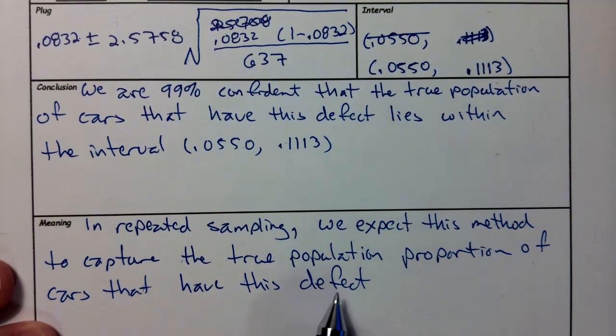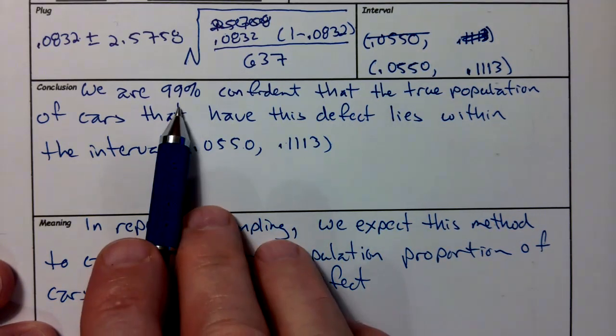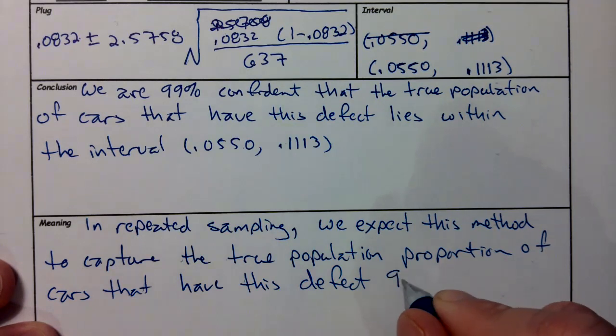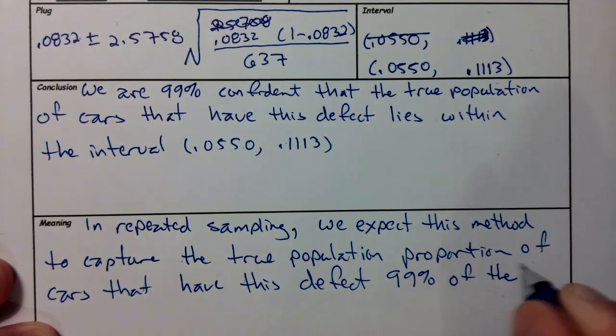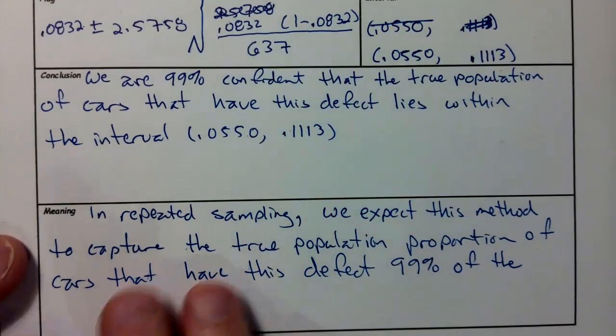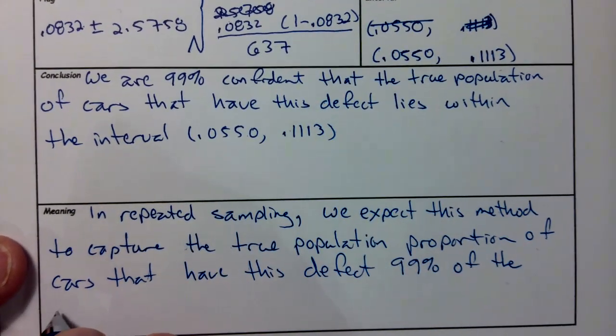How often? We expect to capture it 99% of the time. If we used a 96% confidence interval, we would expect to capture it 96% of the time. So 99% of the time.